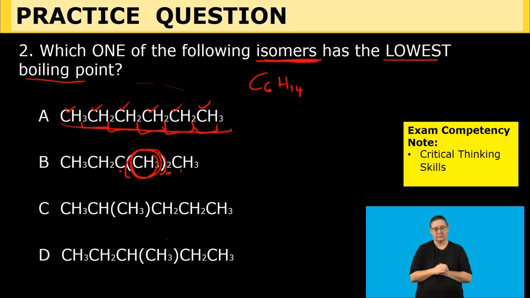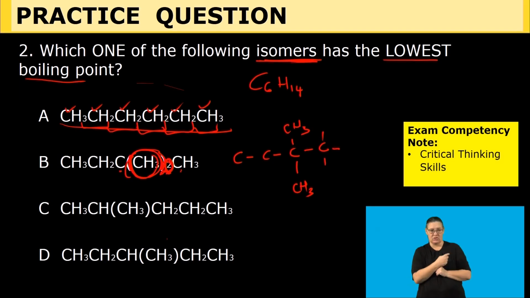We are seeing that it is a branch because it's in a bracket, and this is the number of the branches. So if you were to draw this compound, 1, 2, 3, 4, and then on this carbon here, there's going to be a CH3. On this carbon, there's going to be a CH3, hence the 2 there.